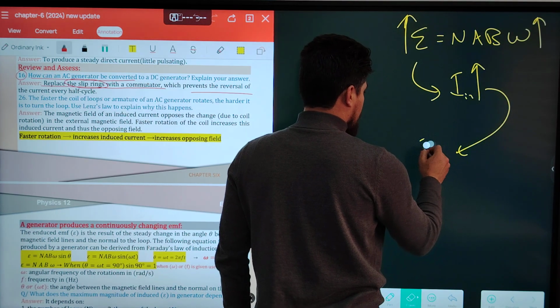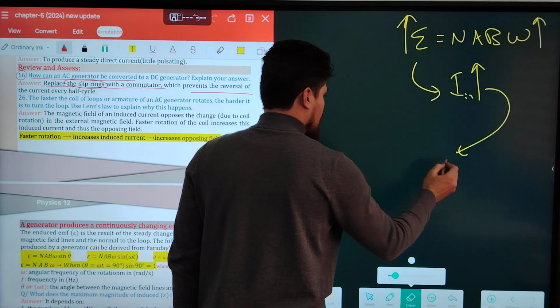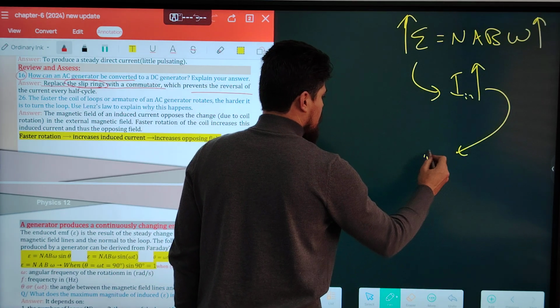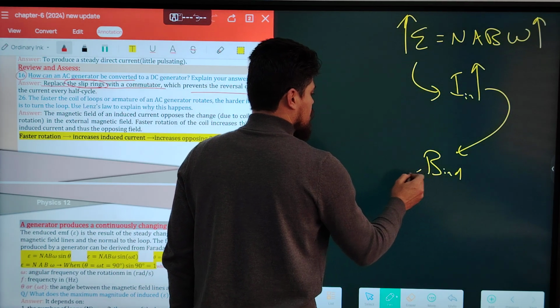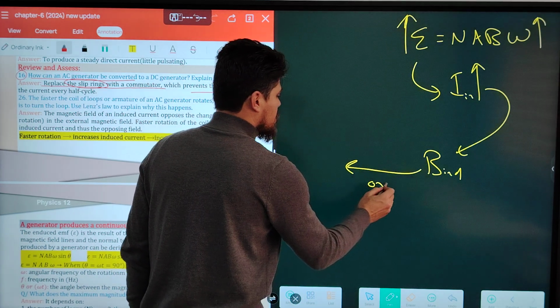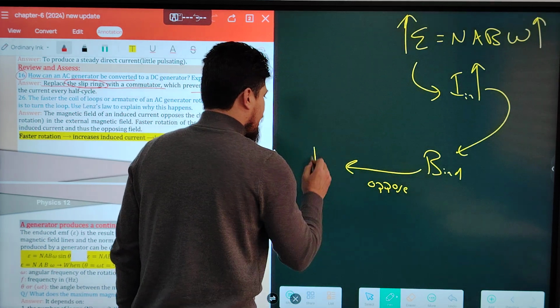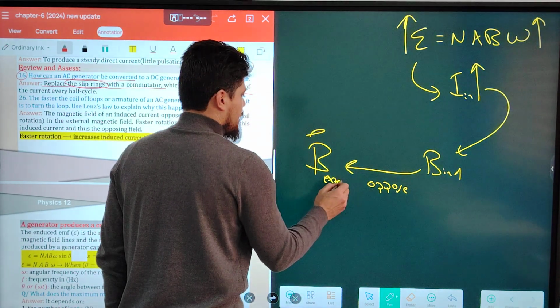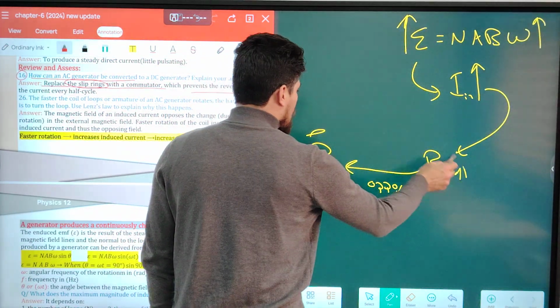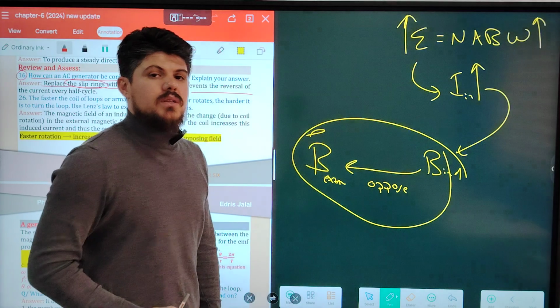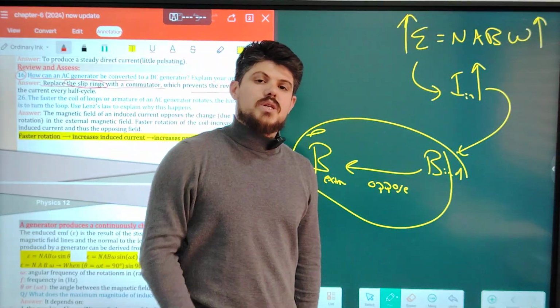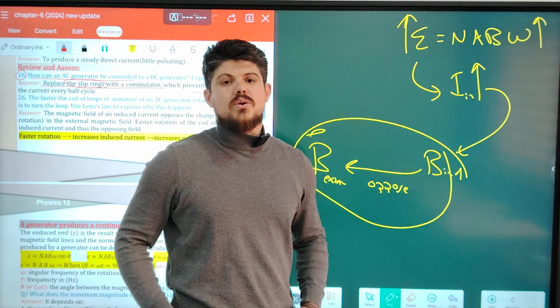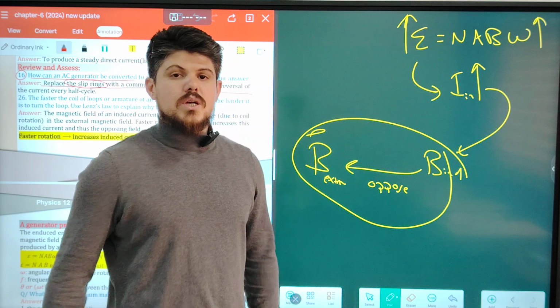A magnetic field, according to Oersted. This induced magnetic field opposes what? The external magnetic field. Because of this opposing of the external magnetic field, it becomes hard to turn the rotor and the coil or armature of the conducting loop.